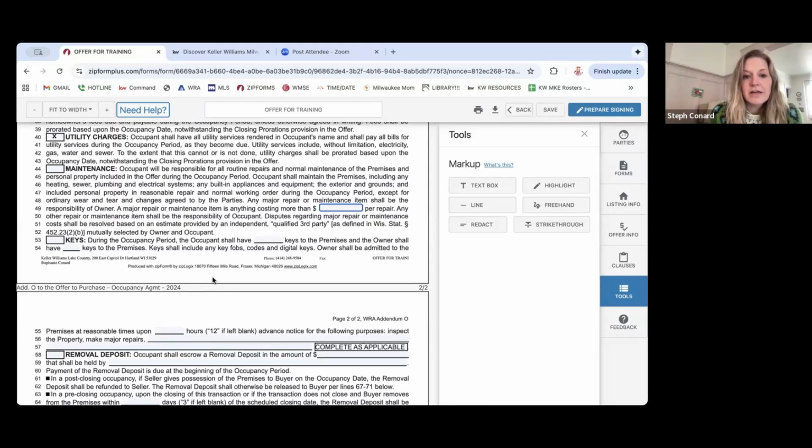We need to identify, okay, if the water heater goes out in the post-close occupancy period, who is going to be responsible for that? And we're going to look for this threshold. So typically, you guys, I'm not seeing this amount to be very much.